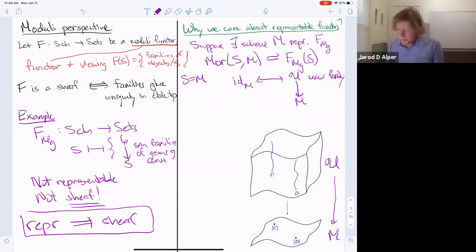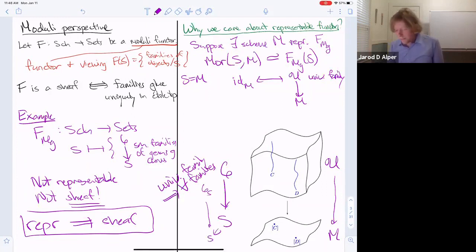And moreover, being a universal family implies that for all families, say C over S, an arbitrary family of curves over some scheme, if you take a point here, you know that the fiber is a curve.